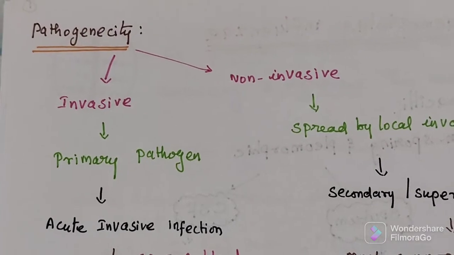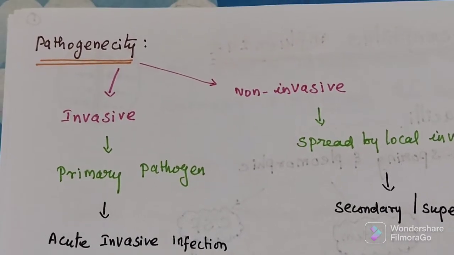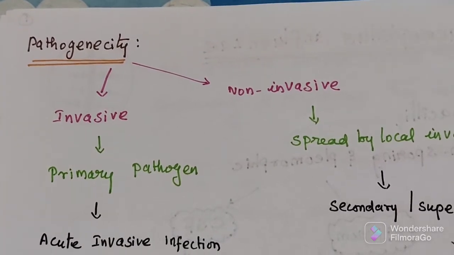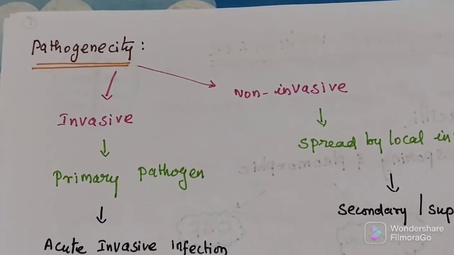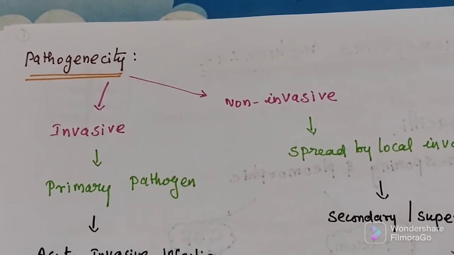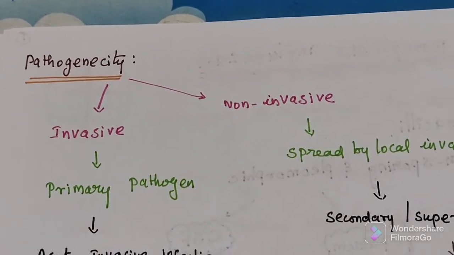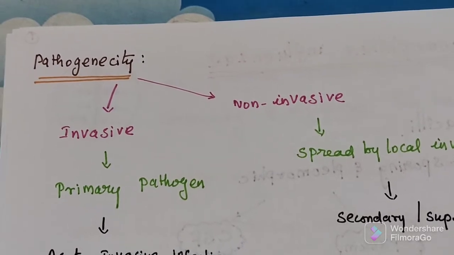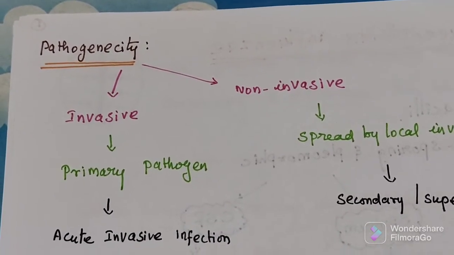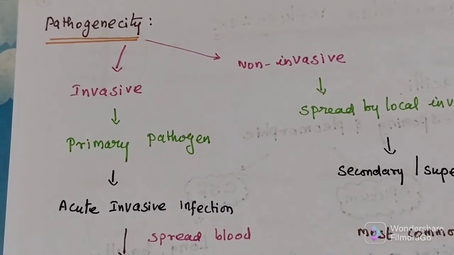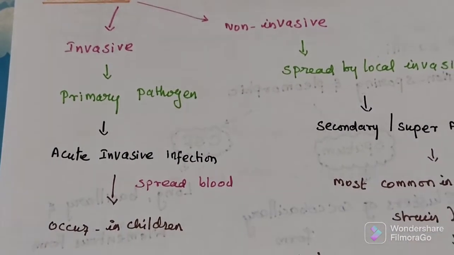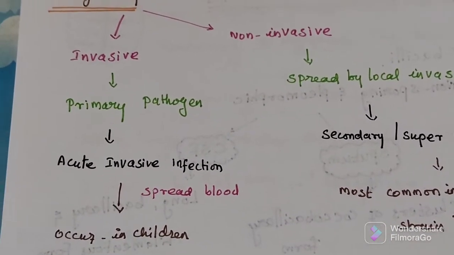Coming to pathogenicity, Haemophilus influenzae is mainly a human pathogen. It produces two types of infection, invasive and non-invasive. In invasive infection, the bacillus itself is the primary pathogen, which causes acute invasive infection.